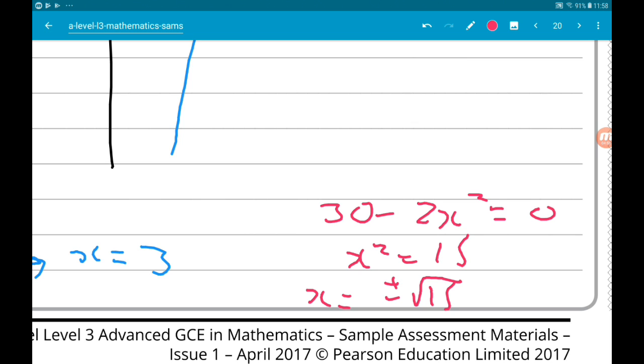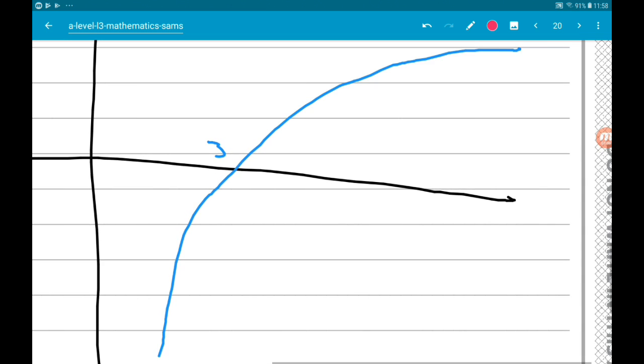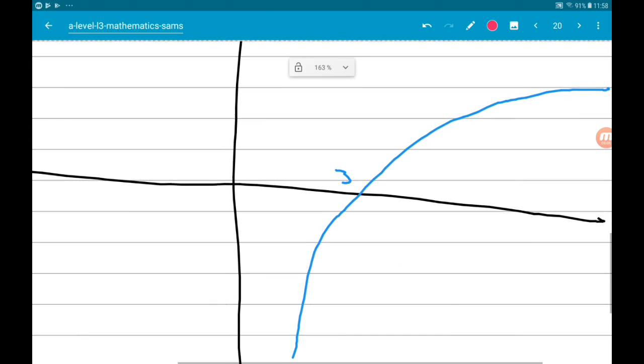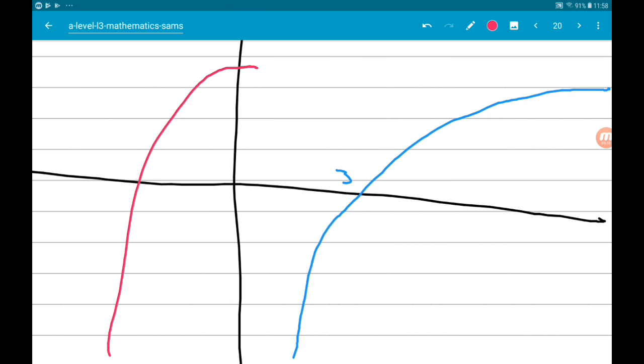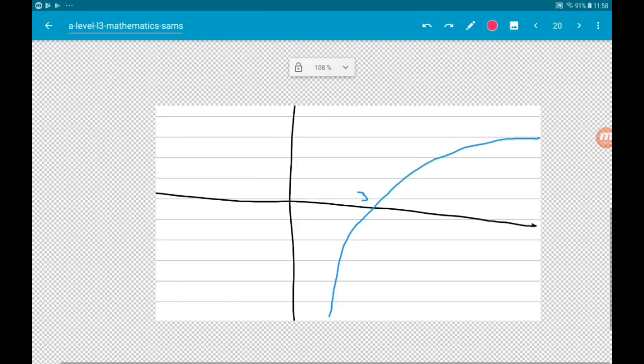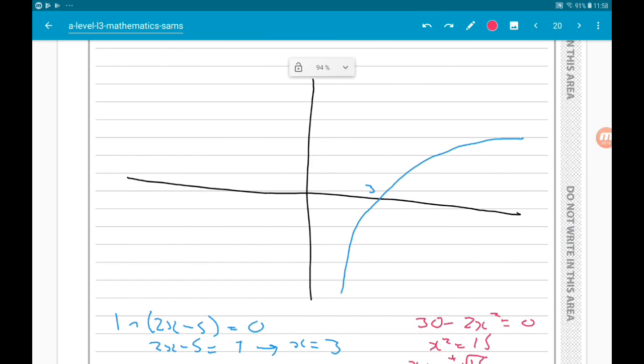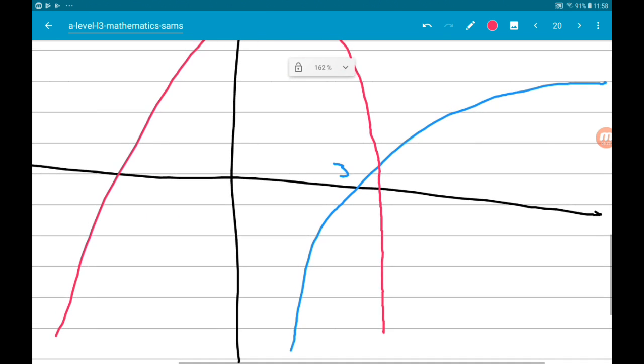Now we know root 15 is going to be just less than 4 because root 16 is 4. So this graph is going to do something like that.